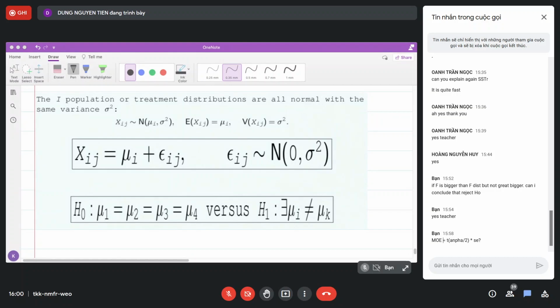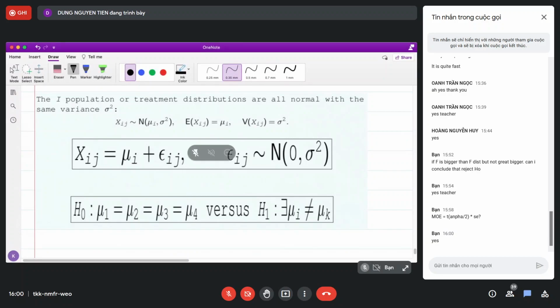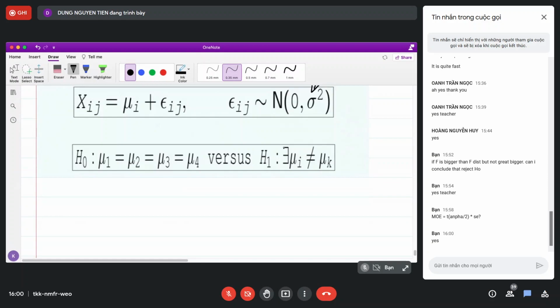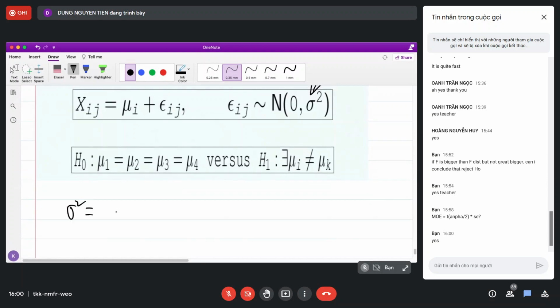Okay, so right here, how can we get it? Actually, we want to estimate sigma square. And in order to get sigma square, you should understand the mean. Sigma square is actually the variance of the epsilon ij, right?